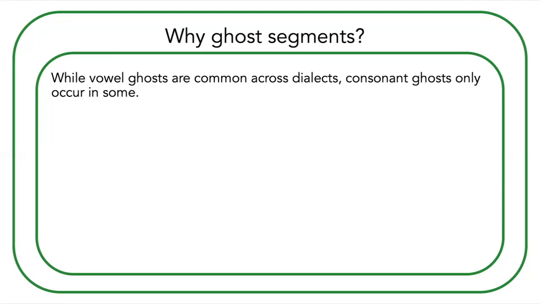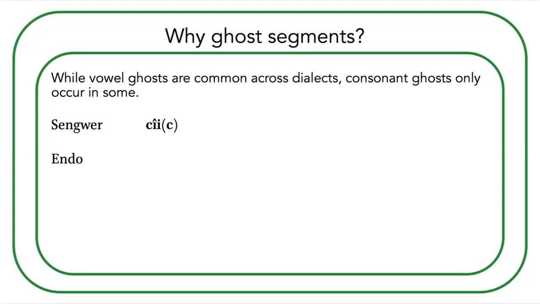There are some other observations that we can make looking at different Kalenjin dialects. Vowel ghosts are very common throughout, but consonant ghosts are not so common and only occur in some varieties, in central Kalenjin in particular. So here I'm comparing Sengwer, which is considered northern Kalenjin, but I think it's more like central Kalenjin, and Endo, which is a Marakwet dialect of northern Kalenjin.